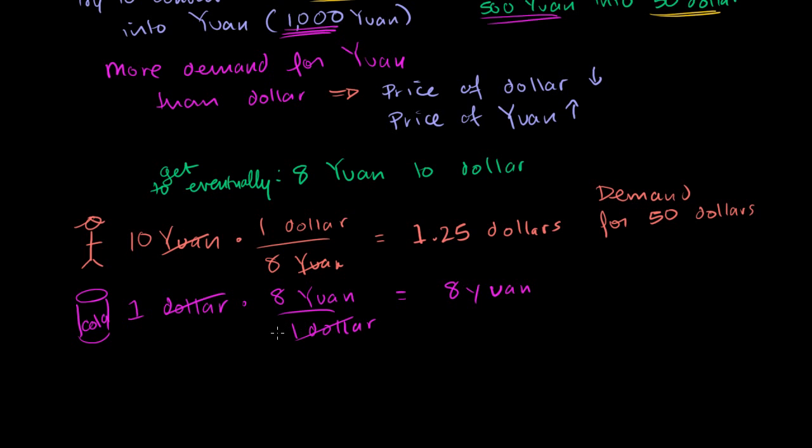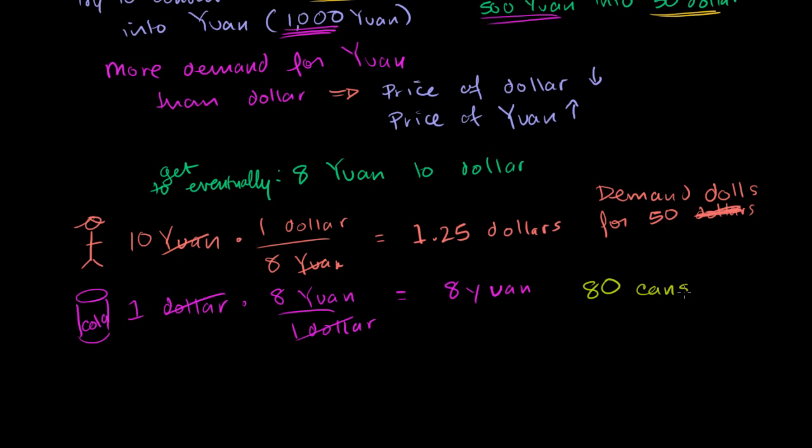And let's say this guy over here, before there was demand for 50 cans of his cola in China, because it was 10 yuan, but now the price has gone down. Now, because this guy's price has gone down, instead of demand for 50 cans, maybe there's demand for, and I'll just make up a number, 80 cans.